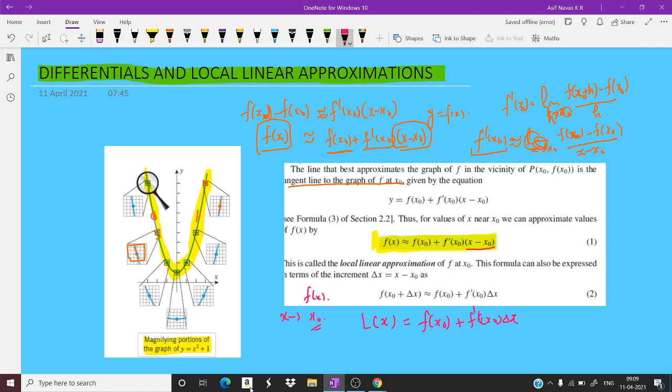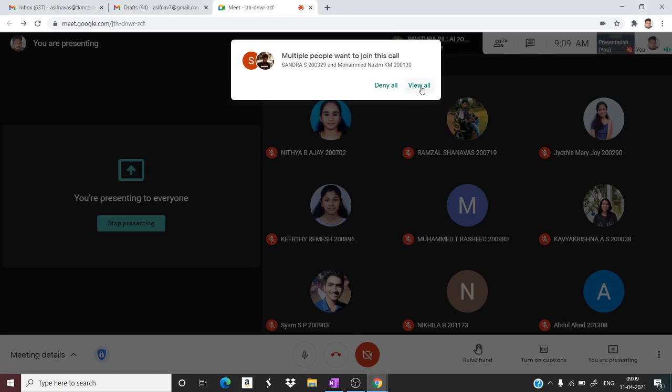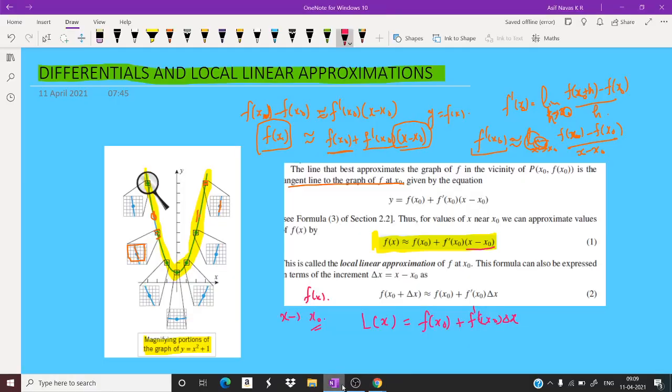Delta x is x minus x naught. Okay, so this is the idea. So any value nearer to that point can be approximated by a straight line. So the best approximation is the tangent line for a function in one variable.